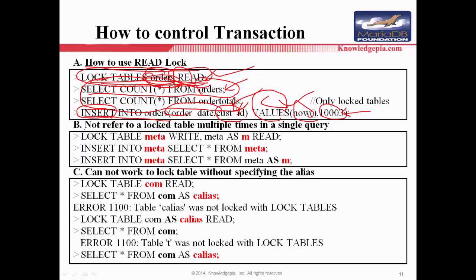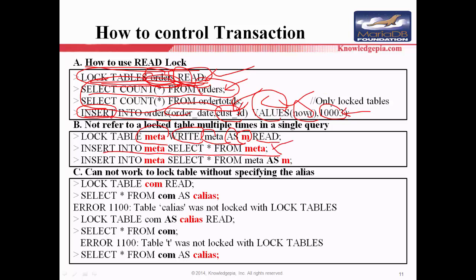B, do not refer to the locked table multiple times in a single query. It means I want to lock the table meta, this one, using the write lock type, and meta as M, meaning the alias. And this one is a read. And after that, insert into meta select asterisk from meta.